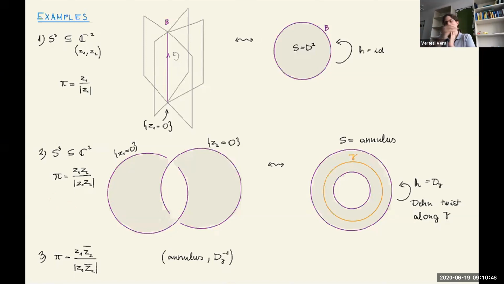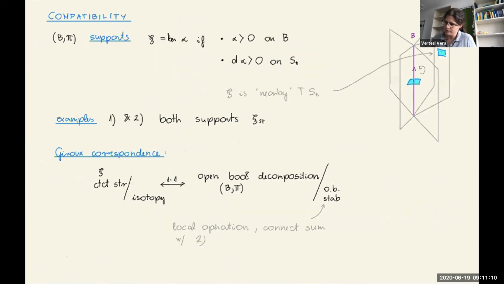In this case the monodromy is a Dehn twist along the core of this annulus, and you can also do that when the two circles are oriented differently, and then you get an annulus, but the Dehn twist is changed to its inverse.